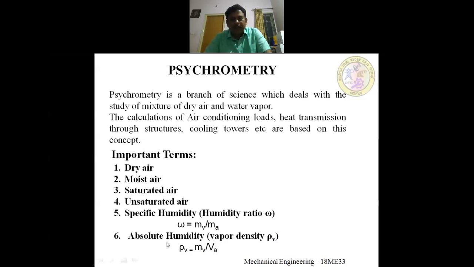Next definition, absolute humidity, also known as vapor density, rho v, is defined as the ratio of mass of water vapor per unit volume of dry air. Here suffix v represents water vapor and suffix a represents dry air. Remember, even for specific humidity, suffix v represents water vapor and suffix a represents dry air.